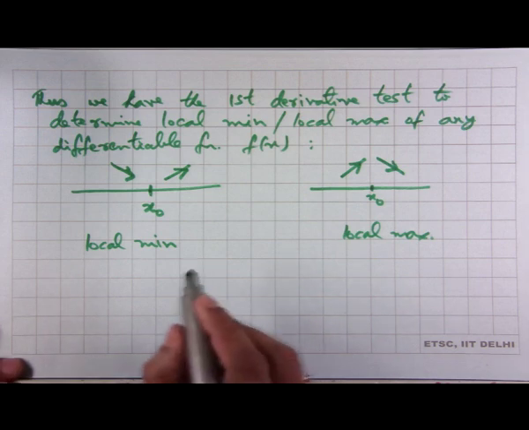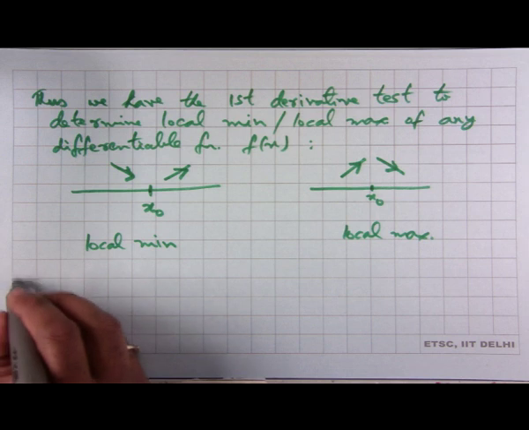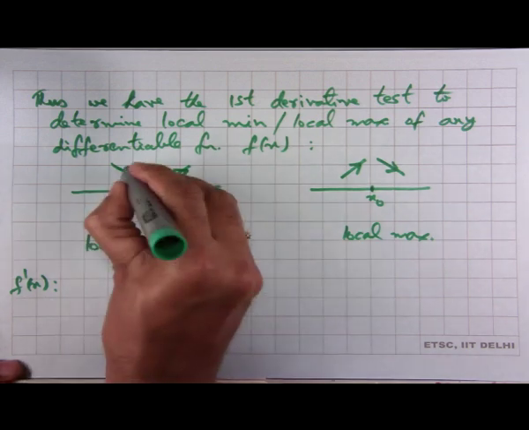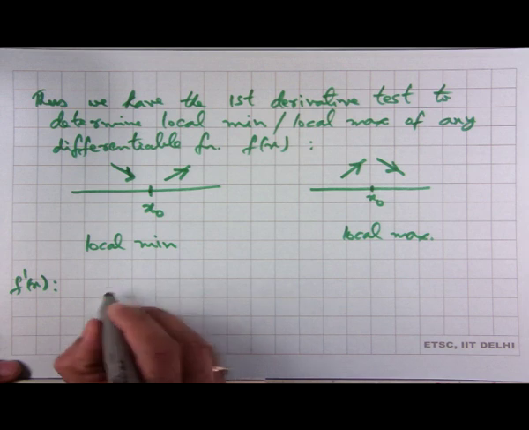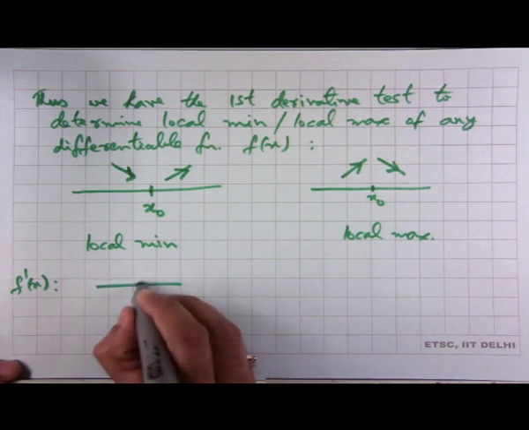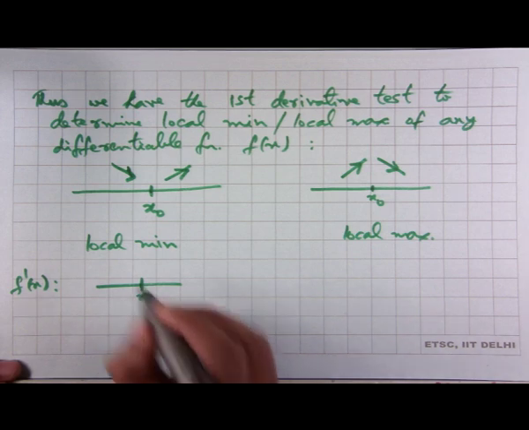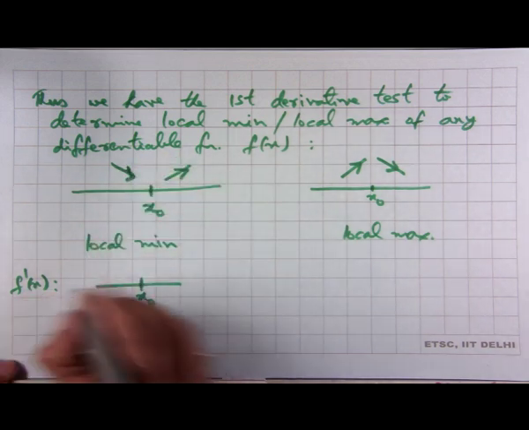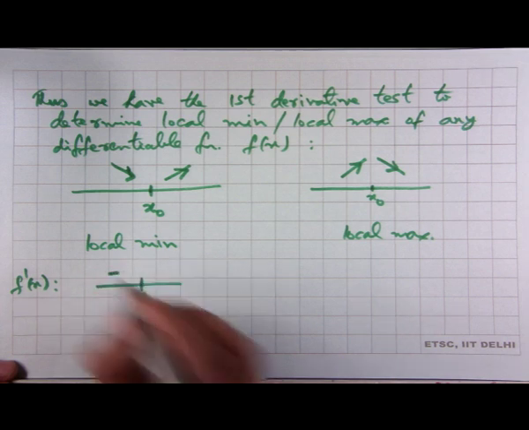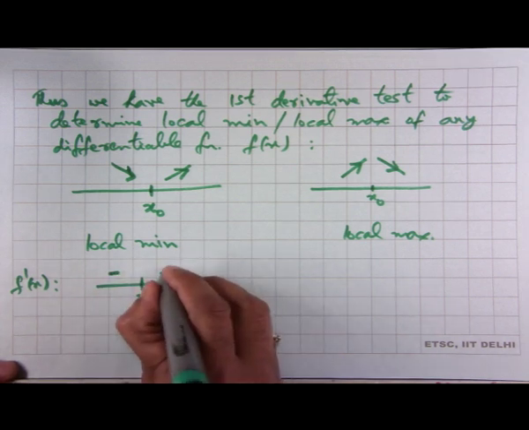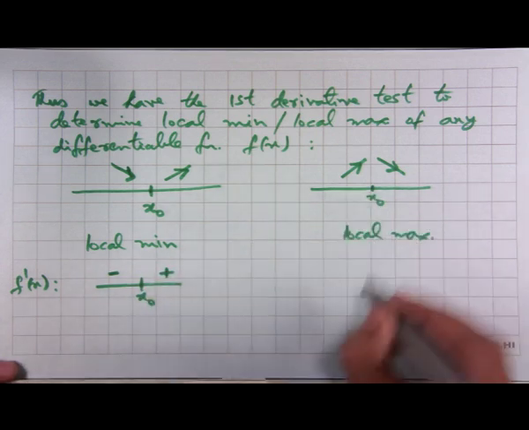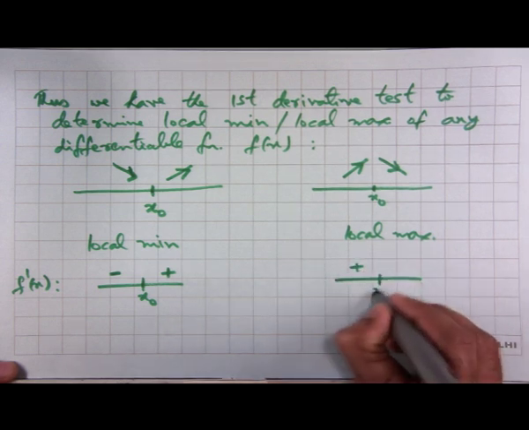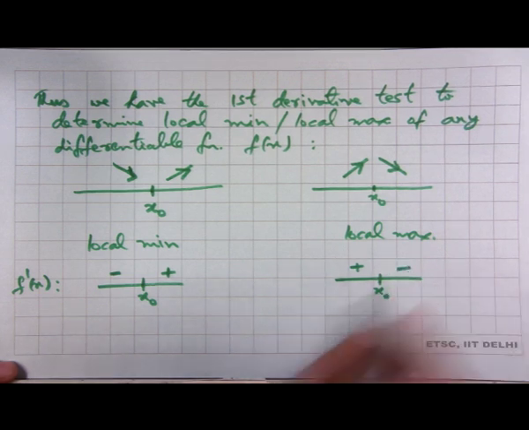Now, if we look at the sign of f prime x, for local min the function is decreasing to the left of x naught, that means that the sign of f prime x is negative to the left of x naught and positive to the right of x naught, and for local max this is the other way, it is positive to the left of x naught and negative to the right of x naught.